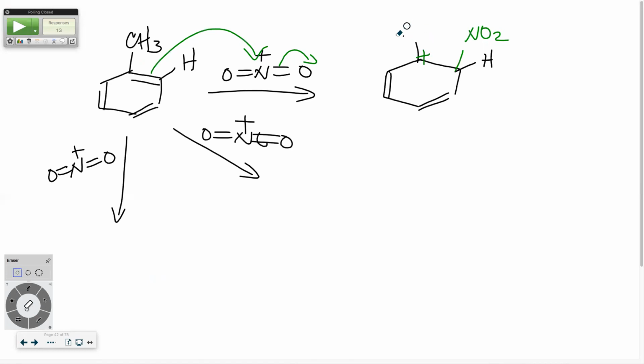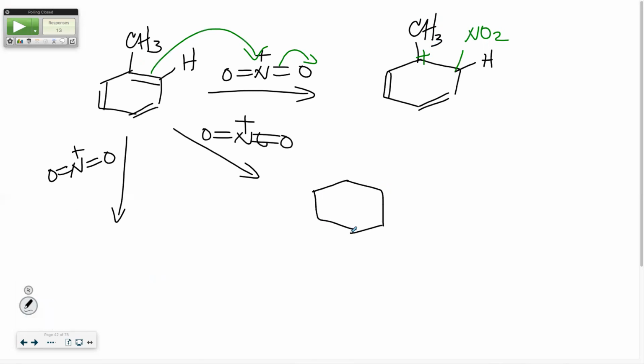I wrote that other thing screwy anyway. That'll give you time to catch up to me, right? I planned that. Okay, now look at that carbocation. It's tertiary. The methyl is donating electron density. Okay, that's ortho. All right, what about when we do meta?